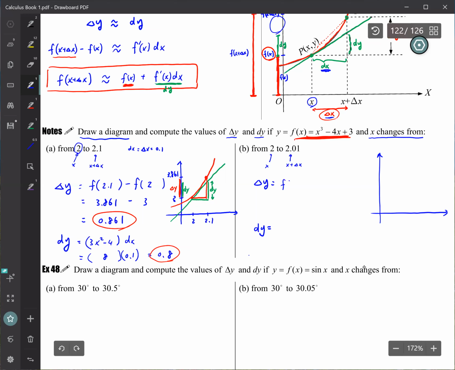Okay, f of 2.01 minus f of 2. For dy it is the same formula, but you'll be subbing in different values.